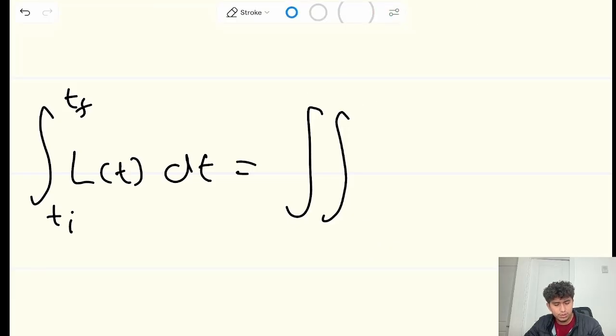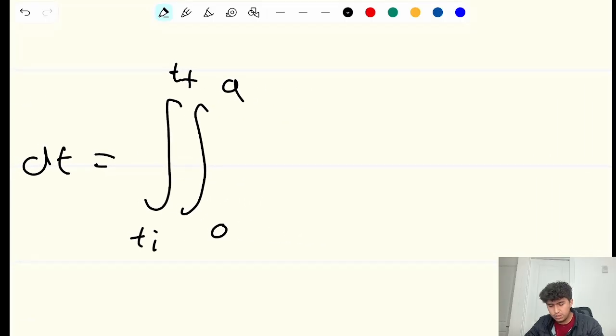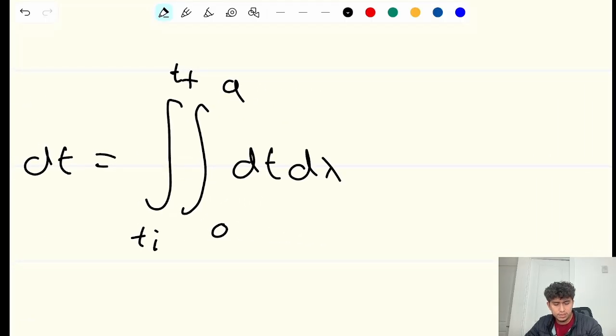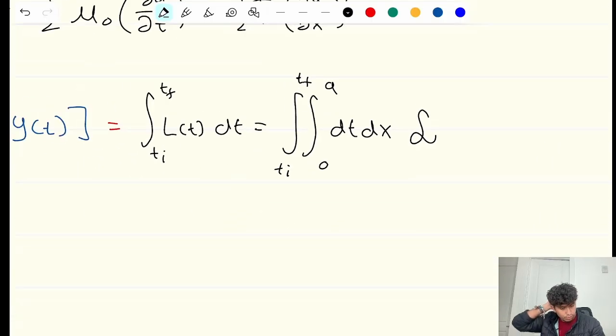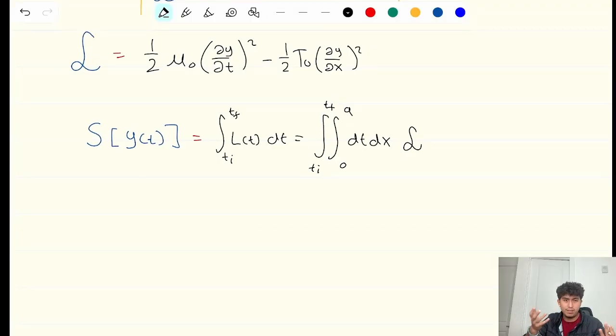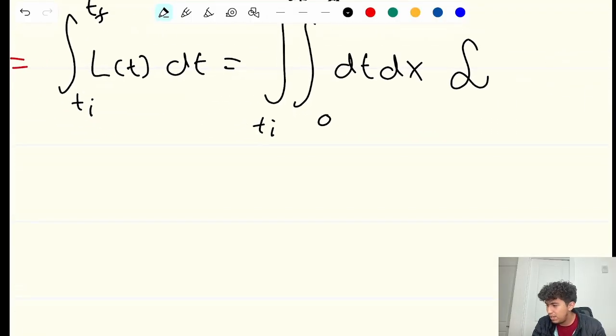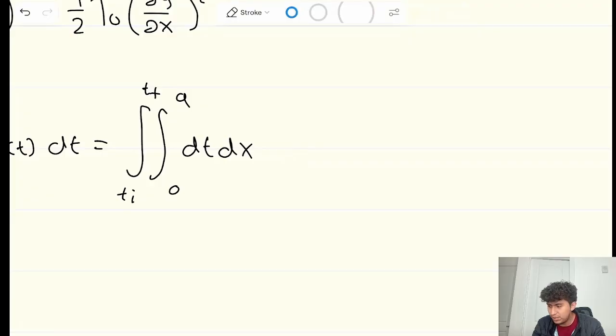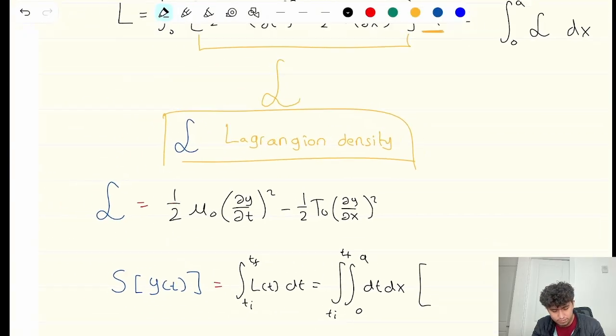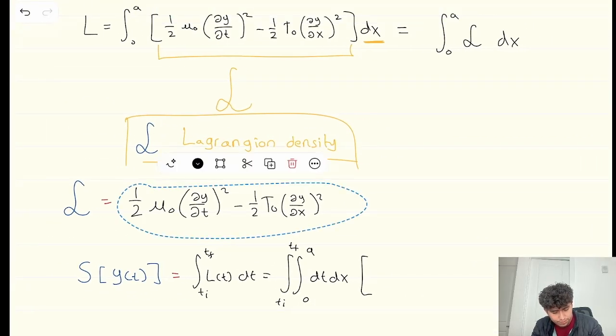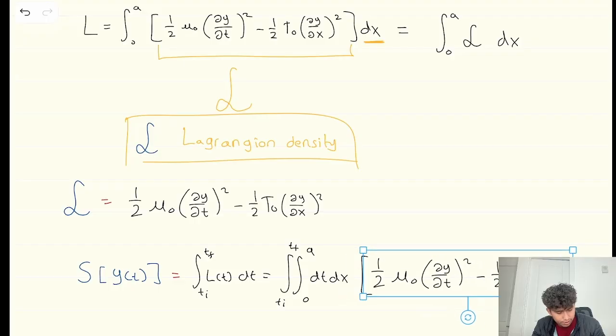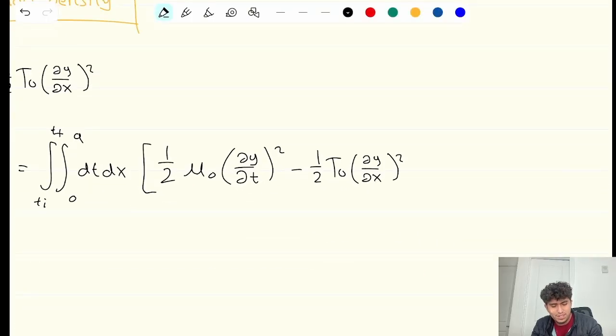Or let me swap these two integrals. That's okay. A and 0. So there is time, there's space, of the Lagrangian density. Cool. So in this way we can simplify stuff. Okay. And then let me replace the Lagrangian density just here with all of this mumbo jumbo. There you go. Cool.